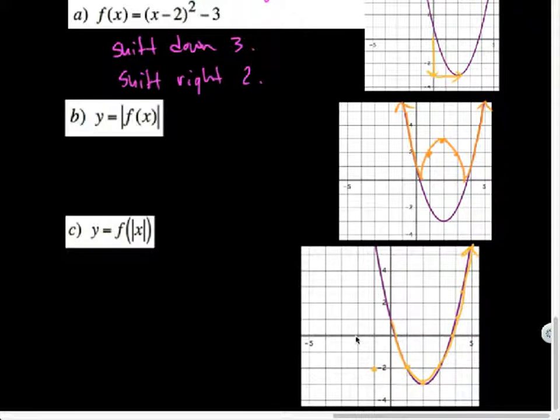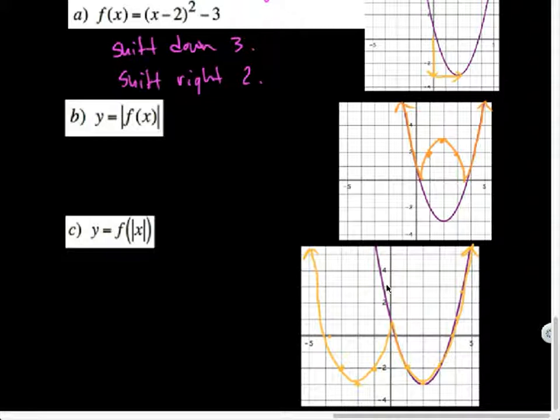Or when I plug in -2, it'll be the same output I had at +2. So this one will be right here. And when I plug in -3, it'll be the same output as +3. So this one will be right here. And then whatever this value is, that'll be the same over here. And it turns out I'll actually have another sweet W.